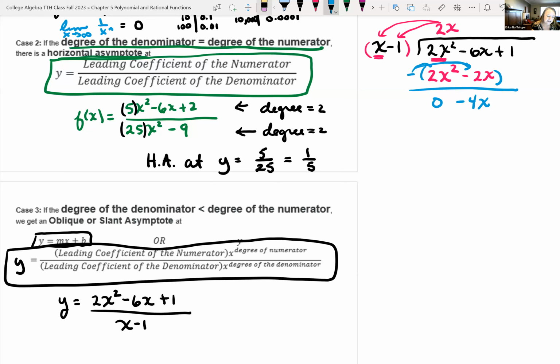Now I'm looking again to figure out what I need to multiply x by to get this first term down here, negative 4x. x times negative 4 gives me negative 4x. And so we distribute this: negative 4 times x is negative 4x, and negative 4 times negative 1 is plus 4. I'm going to bring down my next term, which was a plus 1.